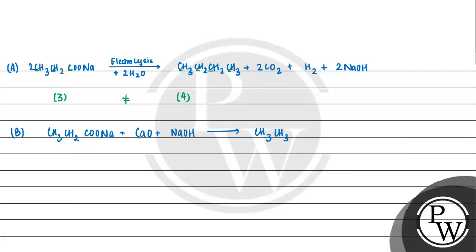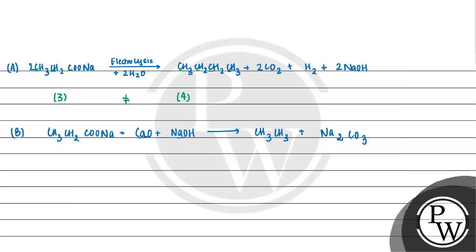and soda lime, which is our CaO, and the evolution of CO2 gas is also there. और उसके बाद जो हमारा NaOH है and CO2 gas, they are mixed in the ratio of 3:1, and they form Na2CO3.